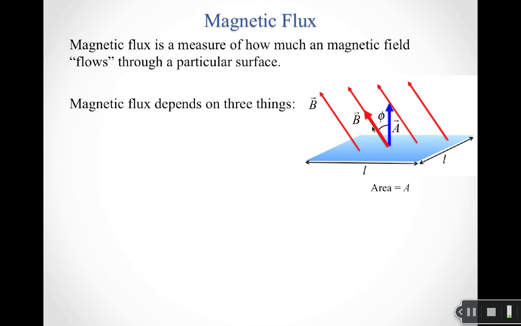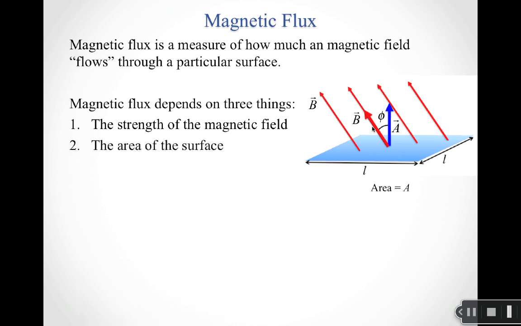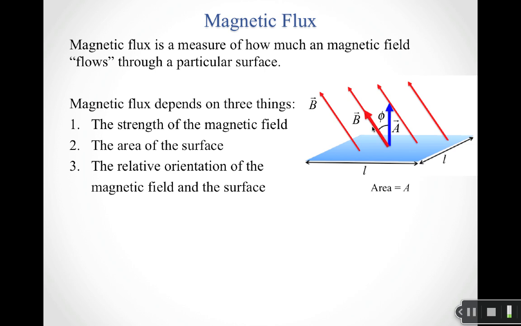Magnetic flux basically works exactly the same way. The only thing that's changing here is, instead of talking about an electric field, we talk about a magnetic field. So magnetic flux is a measure of how much a magnetic field flows through a particular surface. It depends on three things. The first thing it depends on is the strength of the magnetic field.